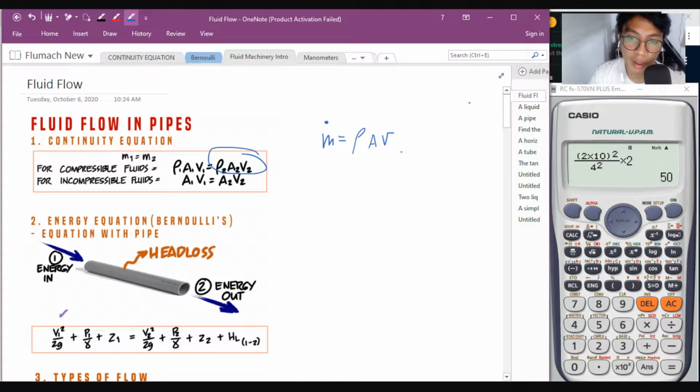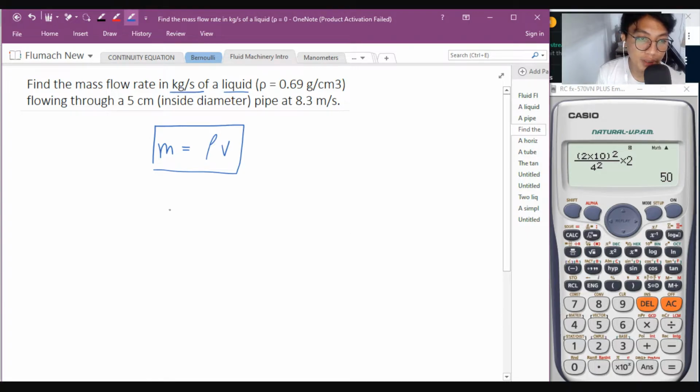Ganun yun. Area of the flow and the velocity of the flow simply is equal to the volumetric flow. Okay? So, mass flow rate is equal to density of the fluid multiplied to area of the flow times the velocity of the flow. Mali yung ano ko. Velocity of the flow.